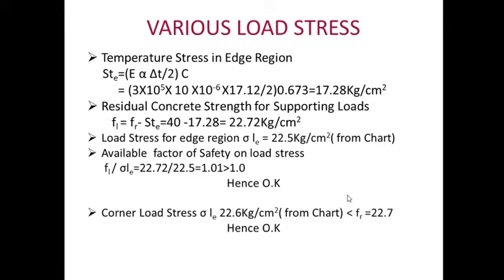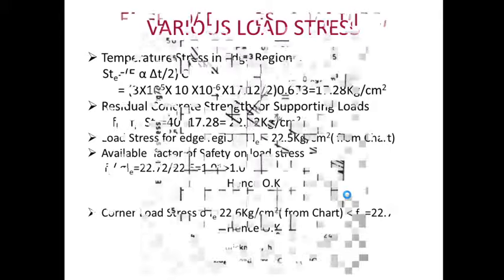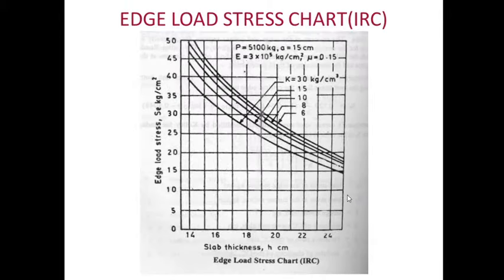From the chart we can find the edge load stresses. We are assuming slab thickness as 23 centimeter. In this chart, the x-axis shows slab thickness, whereas the y-axis shows edge load stresses, expressed in kg per centimeter square.